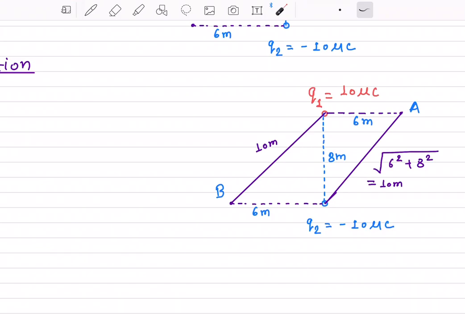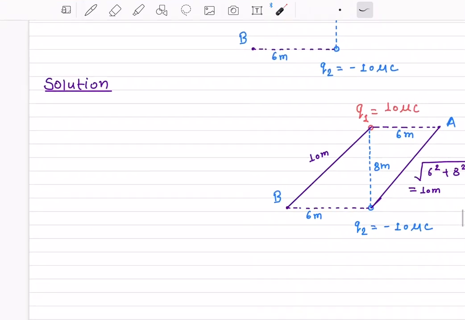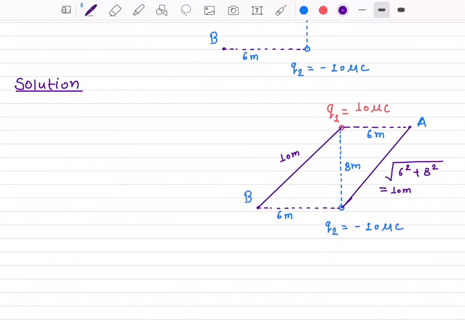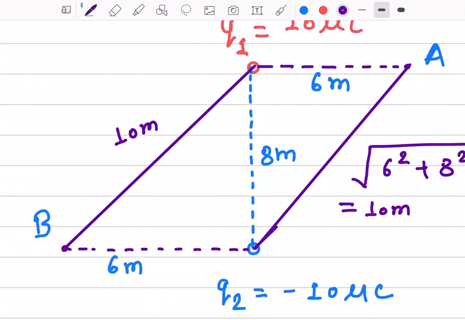But as electric potential is a scalar quantity, we simply add them together due to all charges. Okay, so let's do it now. Let me call this distance R1 and this is R2. R1 is 6 meter, so this one will also be R2, which is 10 meter, and this one will be 6 meter.